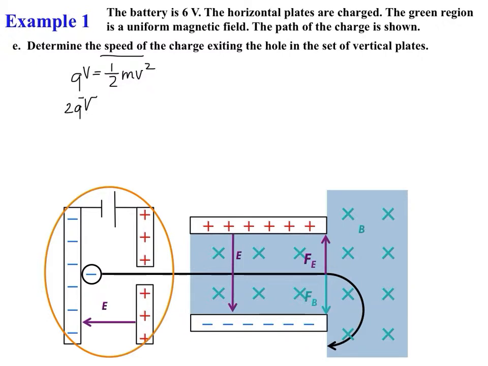Remember, this capital V is potential, and this fancy v is velocity or speed, because this is an energy equation. Remember, this is potential energy on the left-hand side, and this is kinetic energy on the right-hand side.